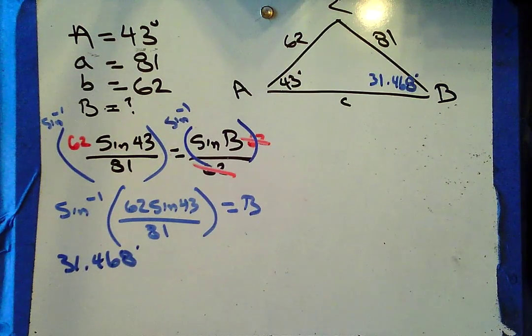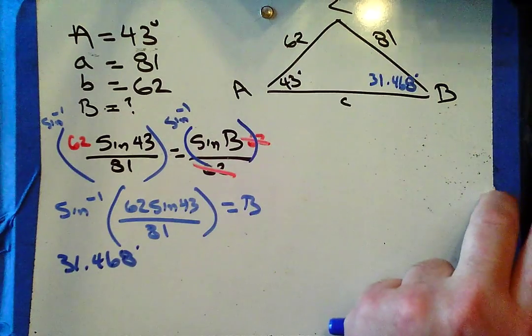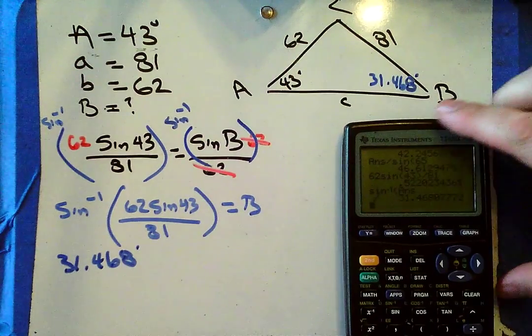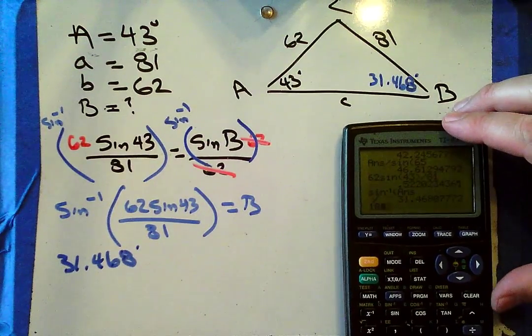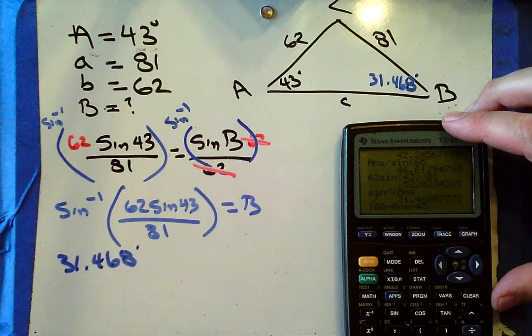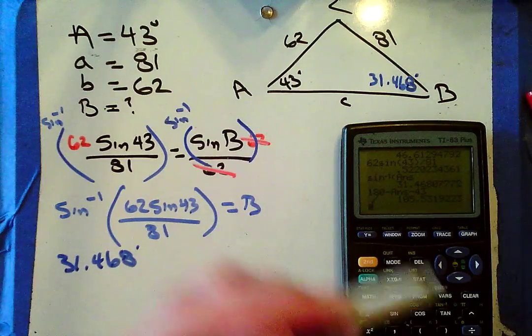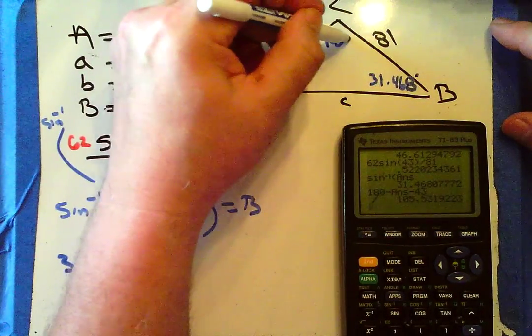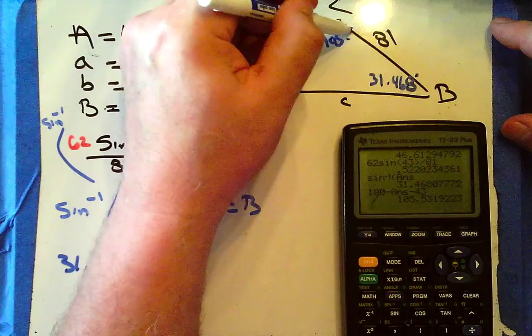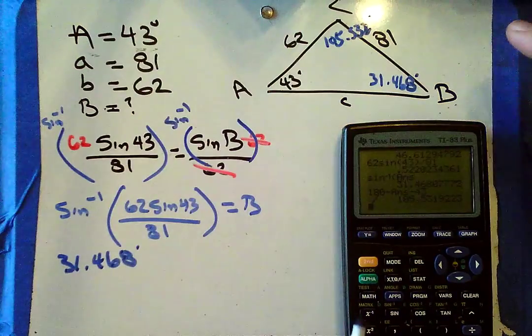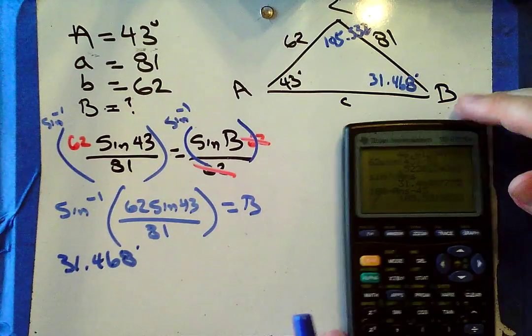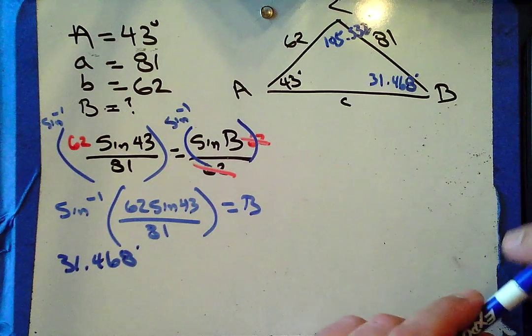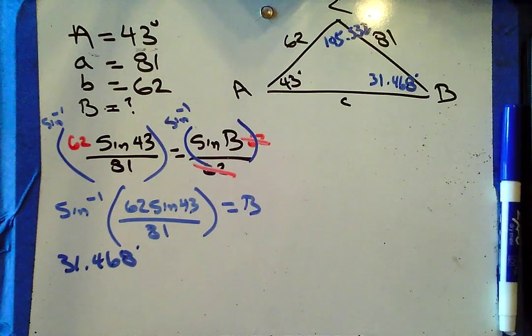Okay, so that's that, and now I want to find big C, and I know that the 3 angles of a triangle add up to 180. So 180 minus the one I just found, minus the one that they gave me, I get 105.532 degrees.